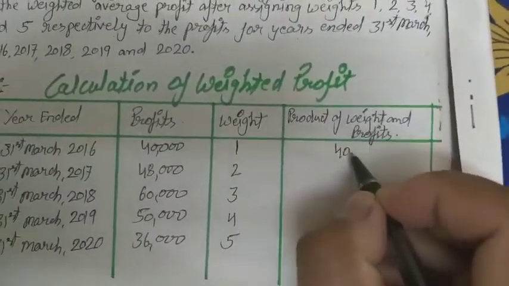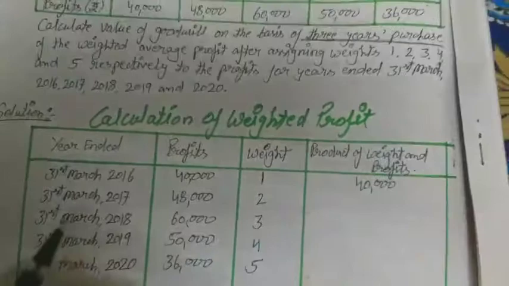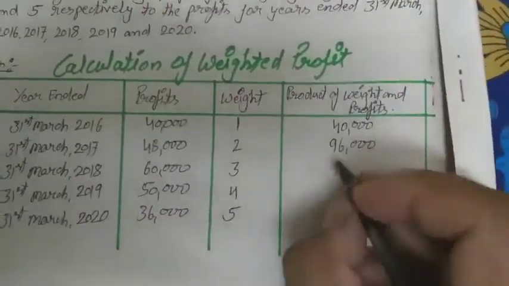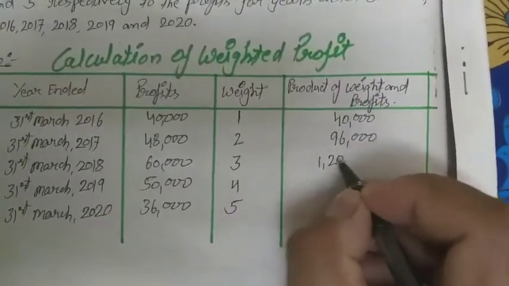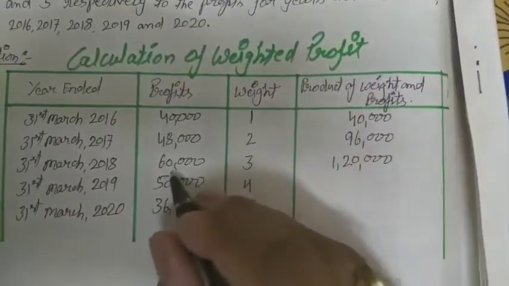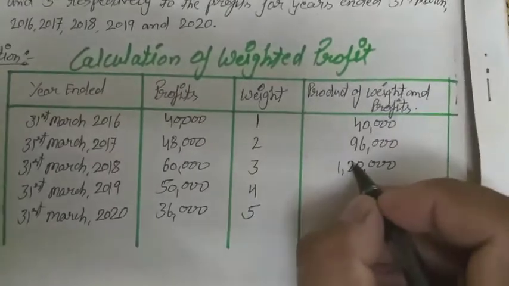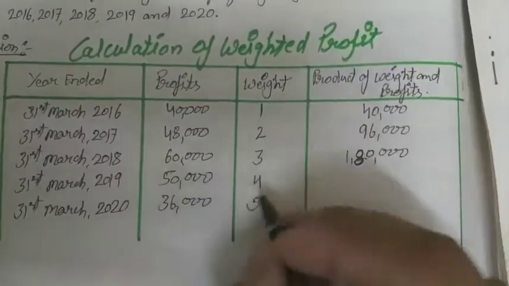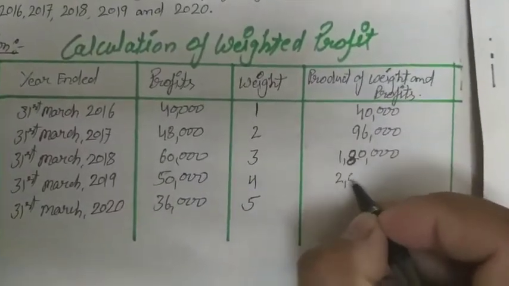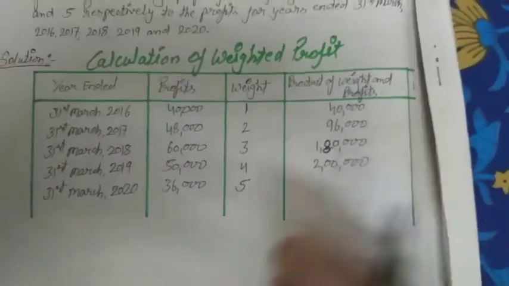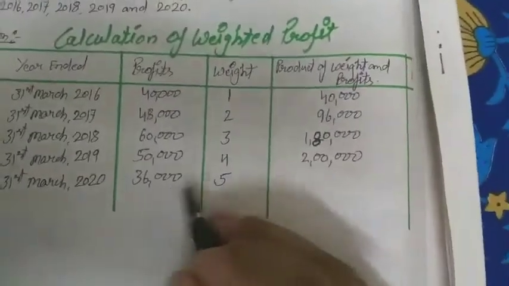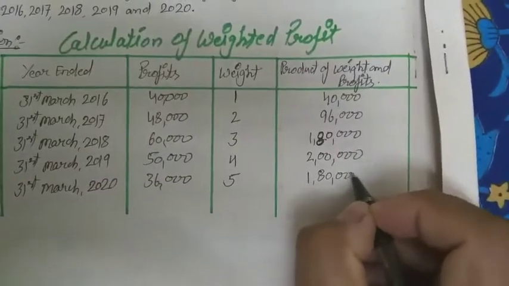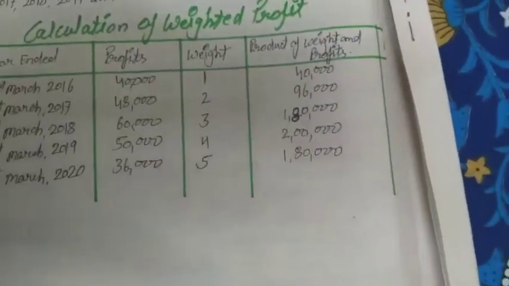So it is 40,000, 96,000, 1,80,000 (multiplying by 3), and so on for each year, and this will be the product.